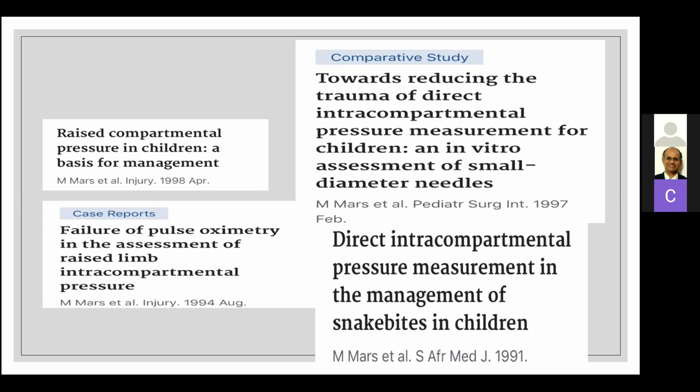And if there's any difference in using smaller needles, like the 25 gauge for children, there was basically no difference. The small diameter needles are as reliable as the 18 gauge needles.